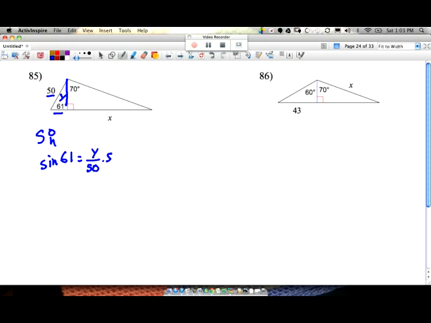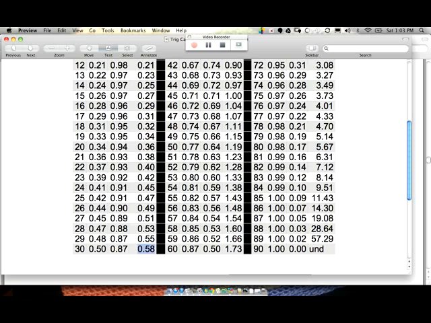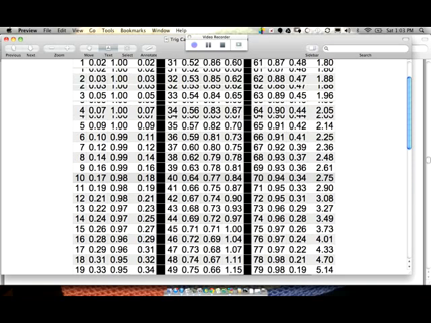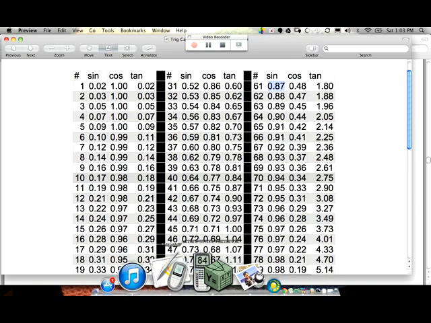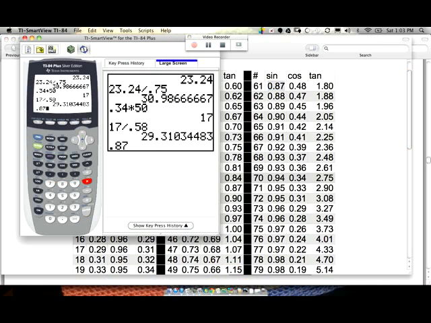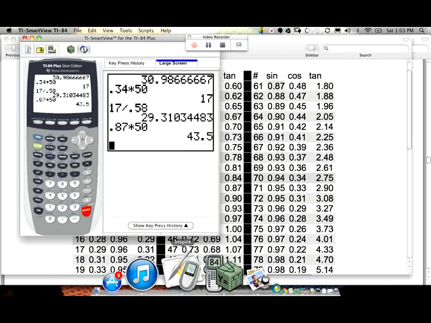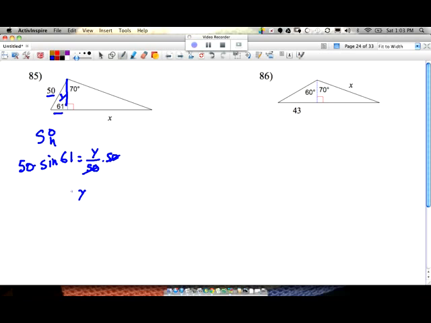So 50 times sine 61, little table, what 61 is, when I take the sine of it, that's 0.87. So it's going to be 0.87 times, what was it, 50? Yeah, 50 equals 43.5. So this is y equals 43.5, which is the same value when it's over in this triangle, 43.5.